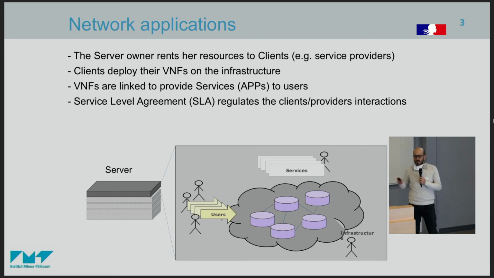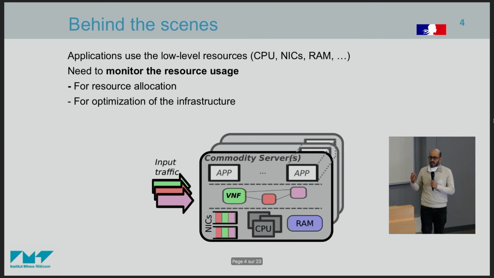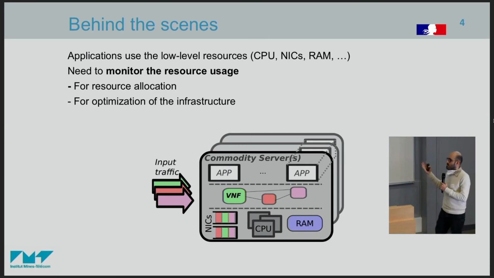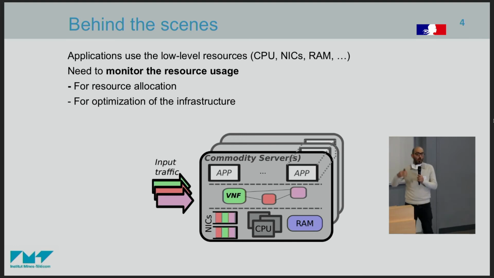Now, here we can imagine that most of it is happening in software. But what happens behind the scenes? Behind the scenes, there is something like what you can see right now. You have low-level resources, network interface cards, CPUs, RAMs, that are then allocated for the so-called virtual network functions that can be connected together to form the overall applications.